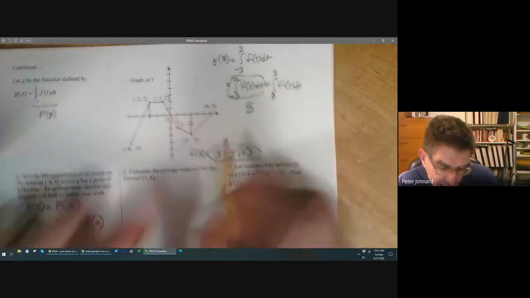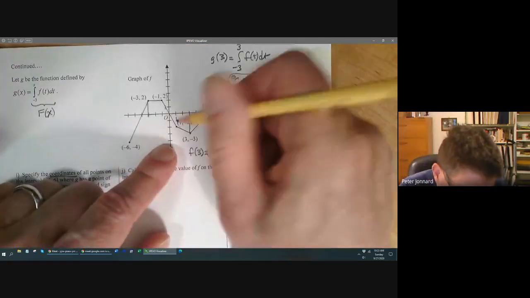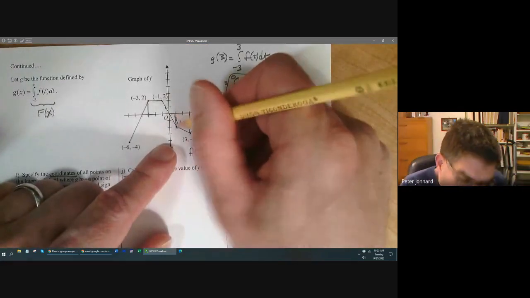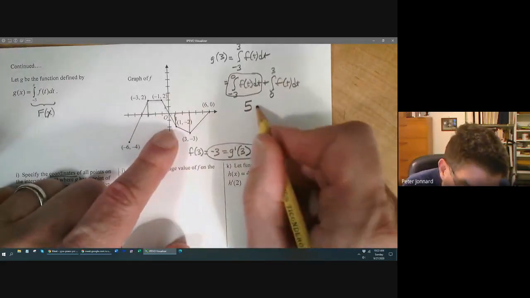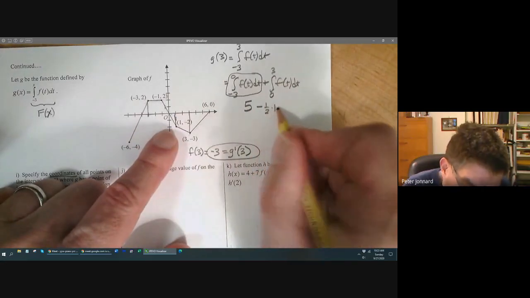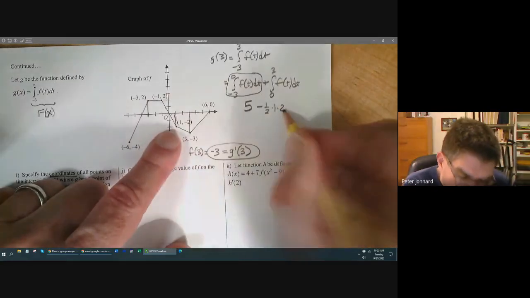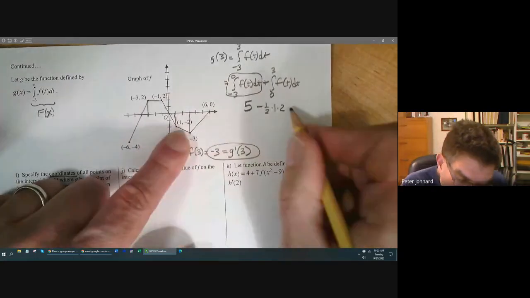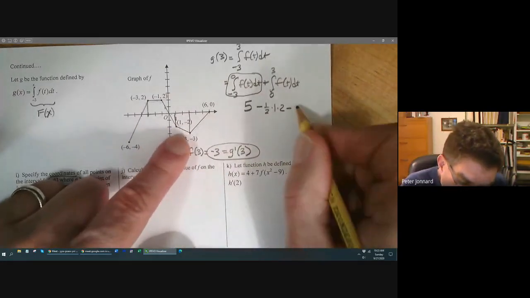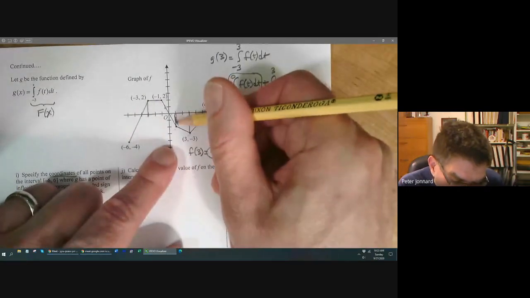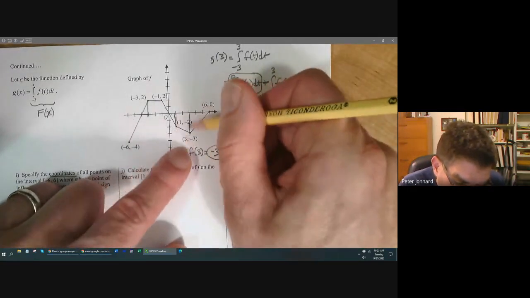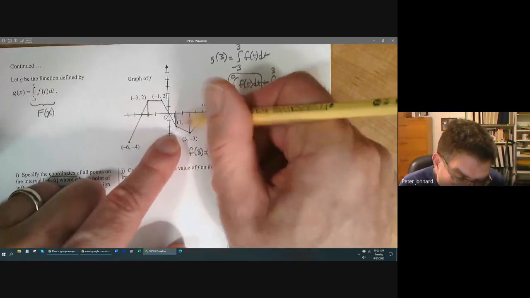And then we need to add in this area here. This triangle here would be a negative contribution to area: -1/2 of its base times its height 2. And then we need to subtract the area of this trapezoid, where you average the bases. This base is 2, and this base is 3. Add those together, that's 5.